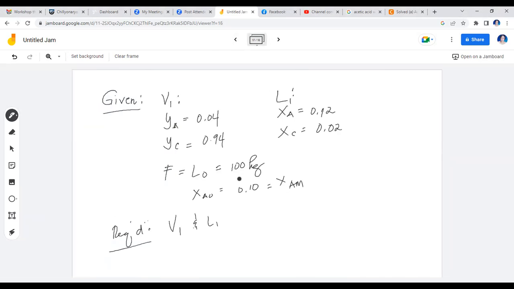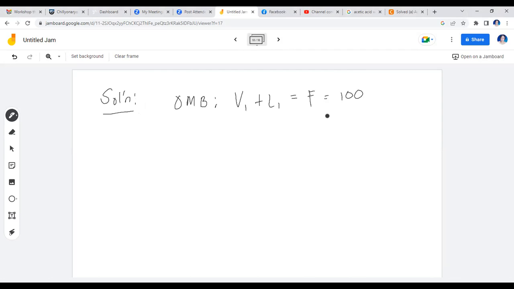So I changed the given already to 100. From here, your V1 or your L1 could be expressed in terms of another. So you will have V1 equals 100 minus L1. This would be our equation 1.